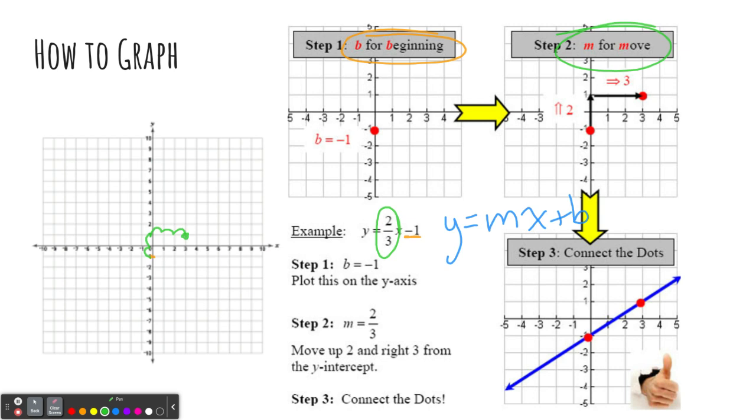Once we have that, all you need to do is connect them with a straight line. And that would be our graph. So you start with b for beginning, plot the y-intercept, m for move, use the slope, connect the dots.